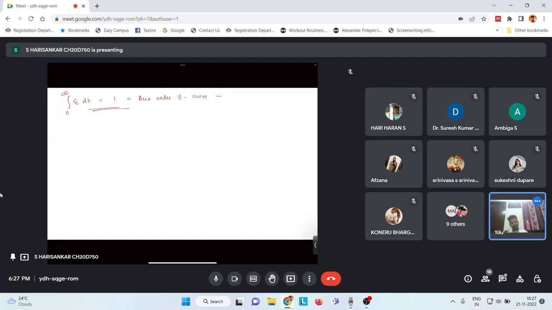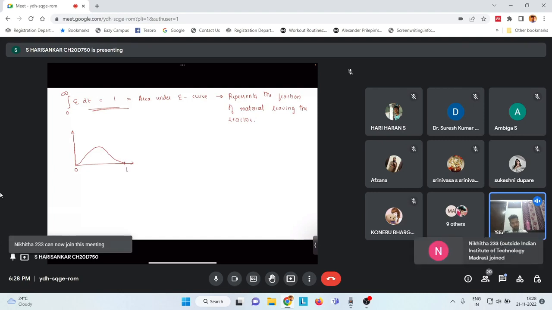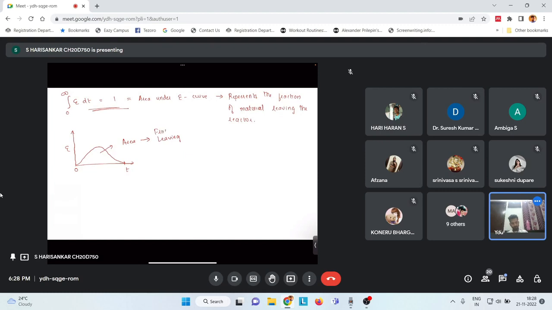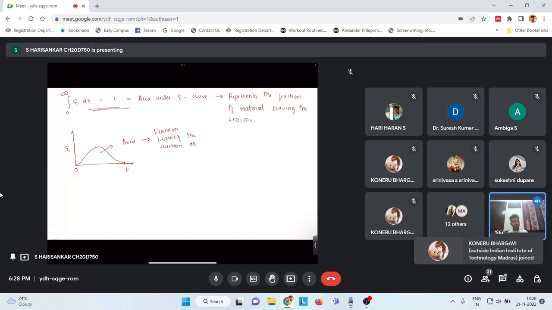So also one more thing that we need to note is that this area under the E curve represents the fraction of material leaving the reactor. If we have an E curve like this, let's say the E curve starts from 0 and ends at time t, this area will be the fraction of the material leaving the reactor at time t, right?